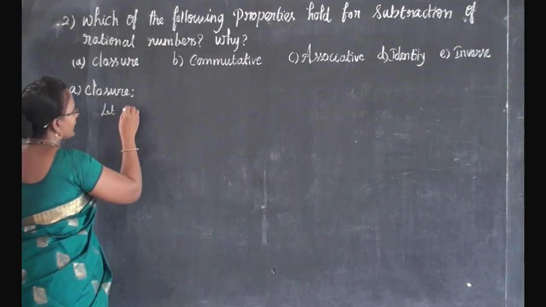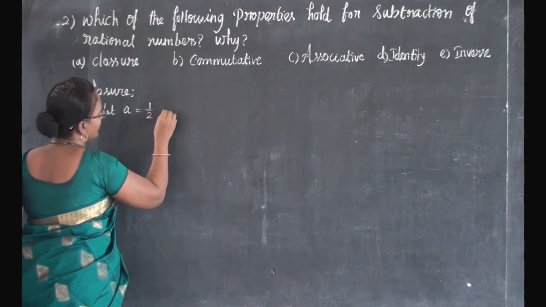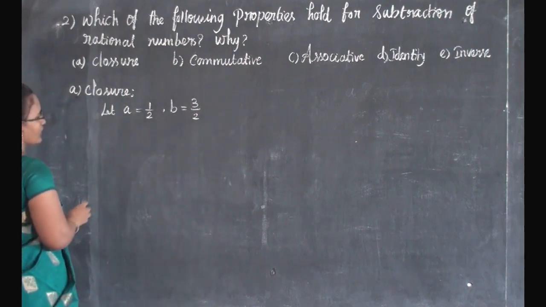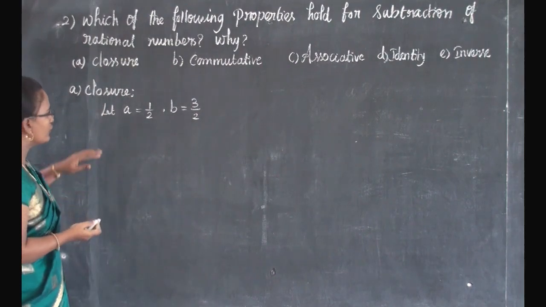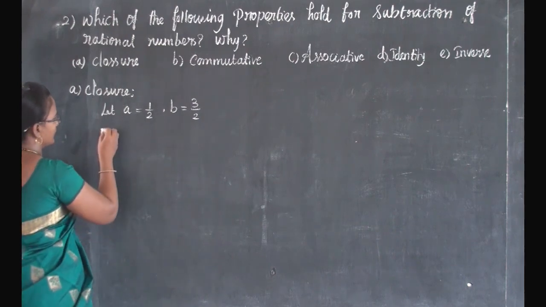Take any two rational numbers. For example, let A equal to 1/2 and B equal to 3/2. What is the closure property? If subtraction of two numbers gives again a rational number.